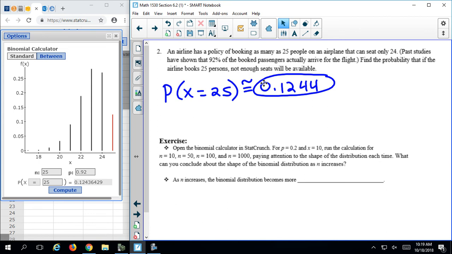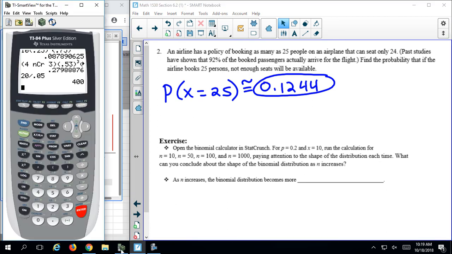If they're all the same, there's only one combination that can happen, right? So this would be 25C25 is 1. So, if they're all the same, you don't have to use this formula. I could have just said 0.92 multiplied 25 times, and I get the same answer.